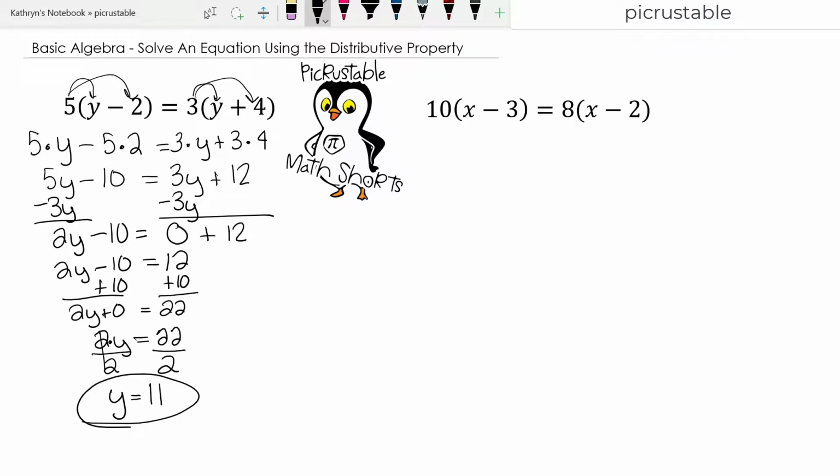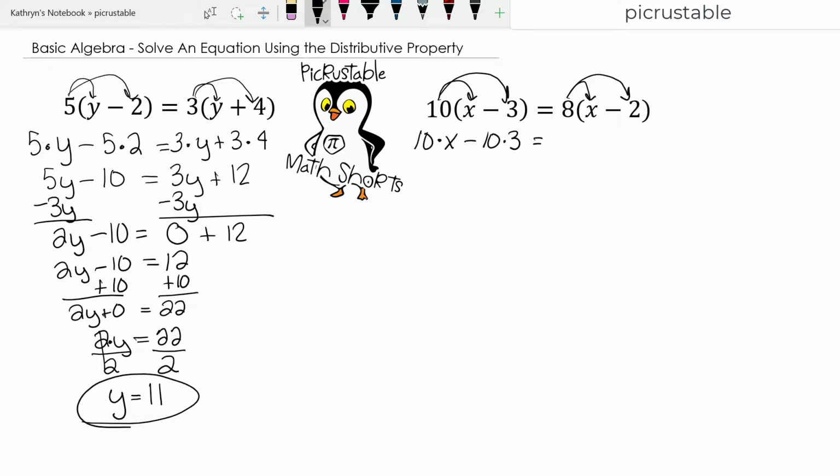The first thing we see is we have a number next to a parentheses, which means we're going to multiply. And in this case, we're going to have to multiply everything in the parentheses by 10. So I'm going to have 10 times x minus 10 times 3 equals, now I have the same thing on the other side. I have a number next to a parentheses, and that tells me that I'm going to multiply.